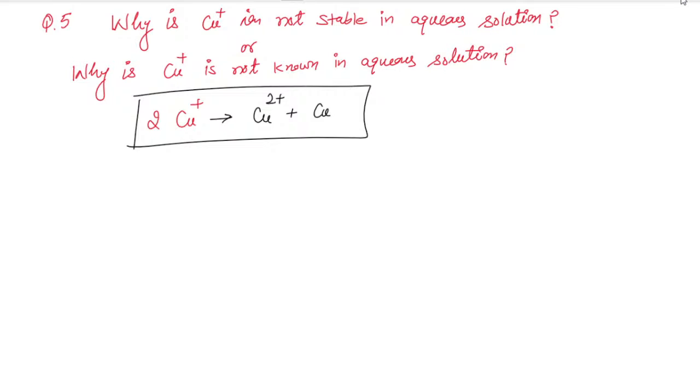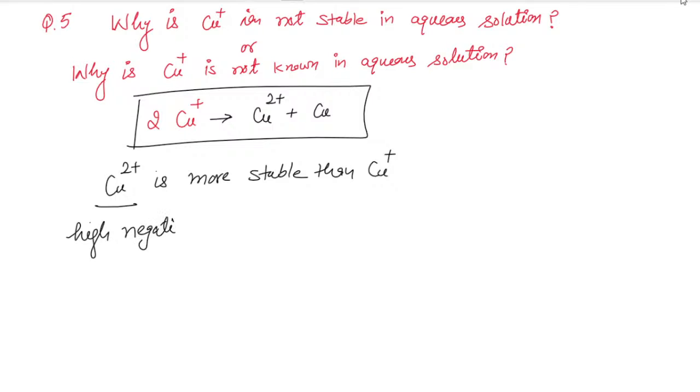Like this. And why is copper 2+ more stable? Copper 2+ is more stable than copper 1+. Why is it so? It is because of high negative hydration enthalpy.